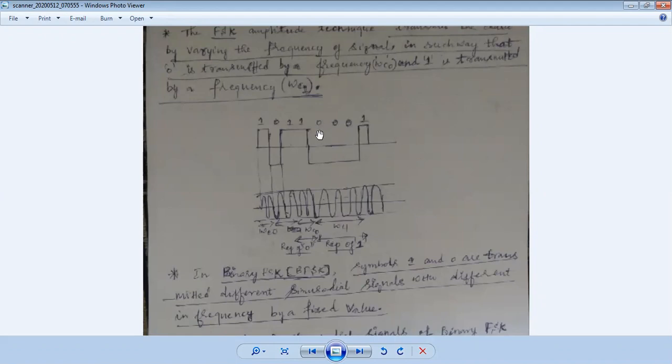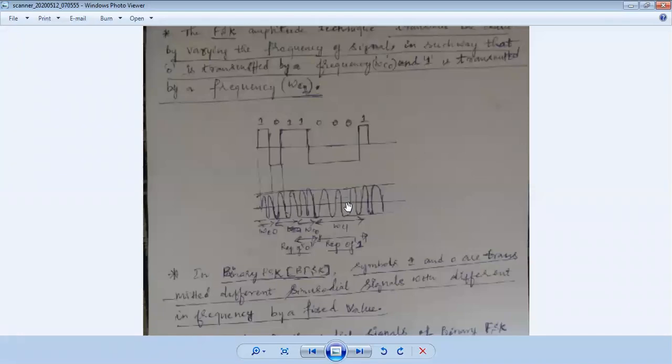By looking at these two aspects, we can clearly say that the symbol one is sent with a different frequency than the zero, and the zero is the counterpart of the one. That means two different frequencies will be utilized. The frequency is shifted depending upon the information to be passed, whether it is a one or a zero. That's binary. We call it a frequency shift.